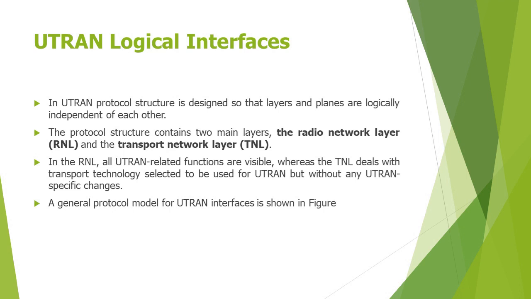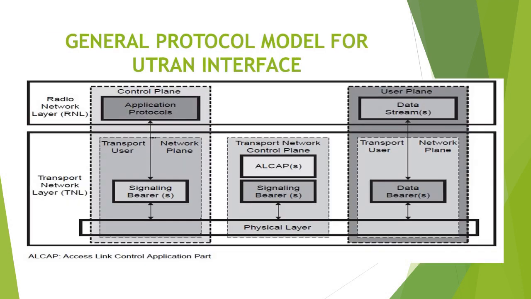We need to establish the logical interfaces between two layers, which are the radio network layer and the transport network layer. So we'll see the radio network layer. In the radio network layer, application protocols work along with the radio network layer, and the user plane along with the data bearer services for the transport layer.